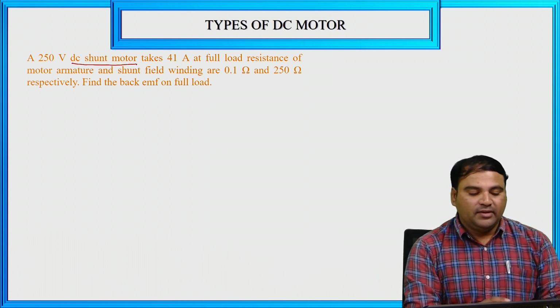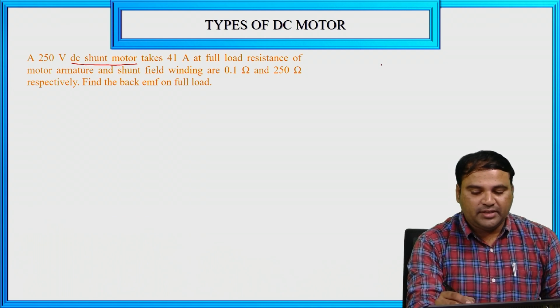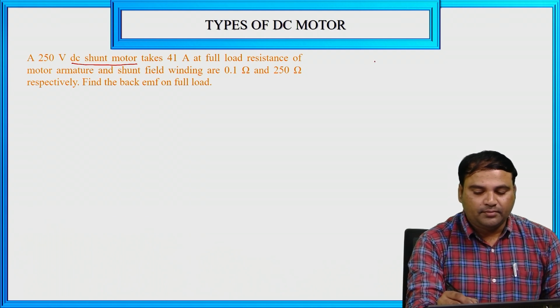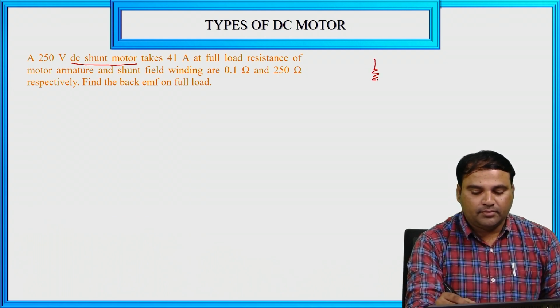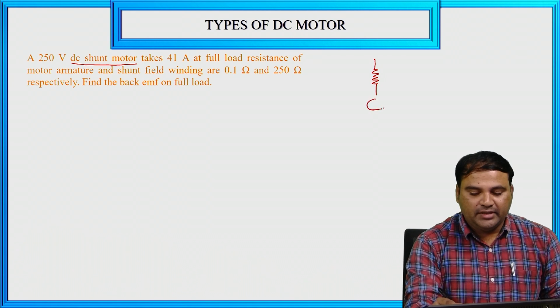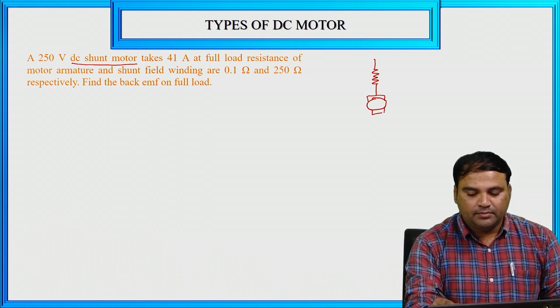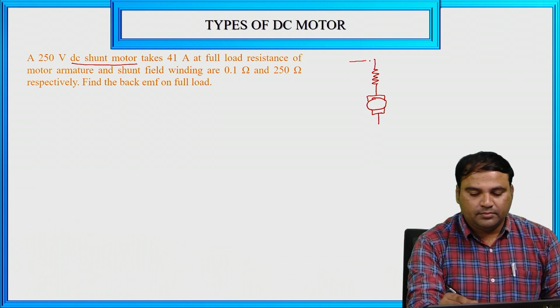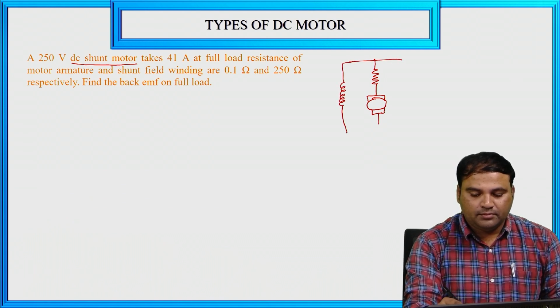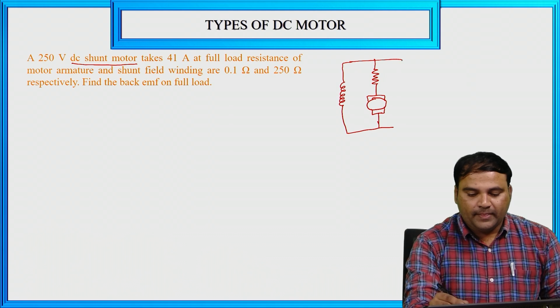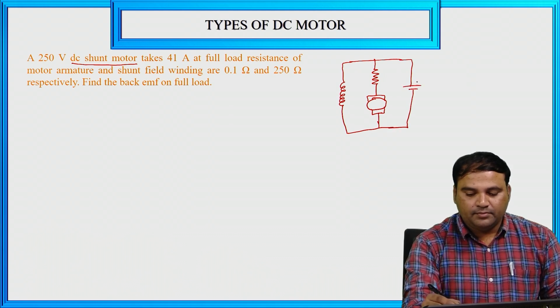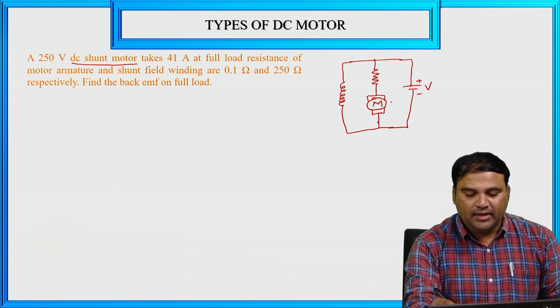Here, first of all, we need to draw the circuit. So here is the shunt type DC motor. This is the DC supply, plus minus V, and this is the motor.